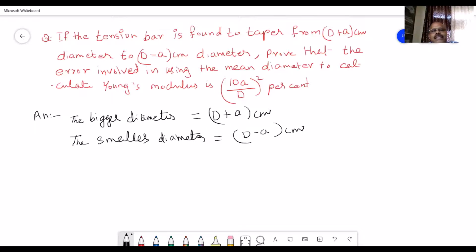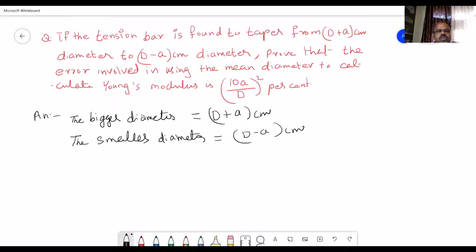But here it is saying that instead of that, if you are finding out the Young's modulus for the mean diameter, by considering the mean diameter as the diameter, instead of D plus A and D minus A, then the percentage error that you will be getting will be 10A by D whole square. So here we have to calculate by both the ways.